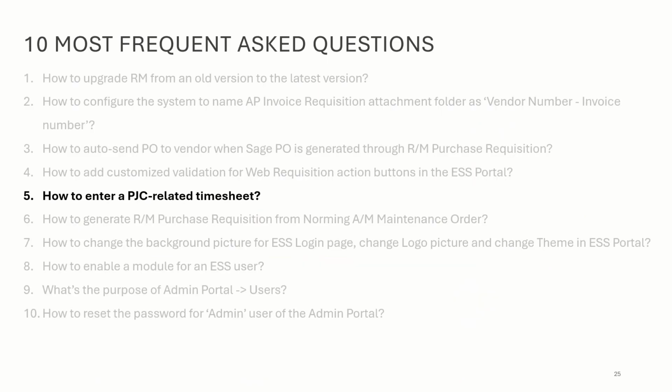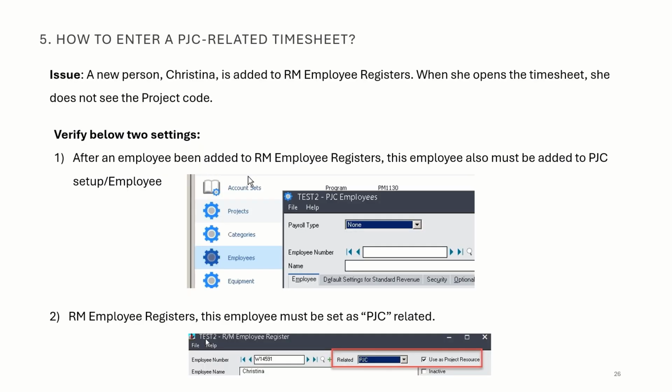The fifth question is how to enter a PJC related timesheet. Norming support team has got a report of this issue. A new person, say Christina, is added to the RM employee register. When she opens the timesheet, she does not see the project code. If you encounter this issue, you need to verify the below two settings.